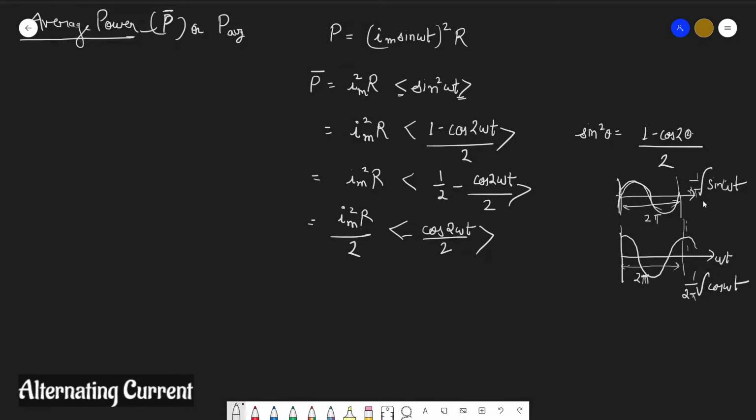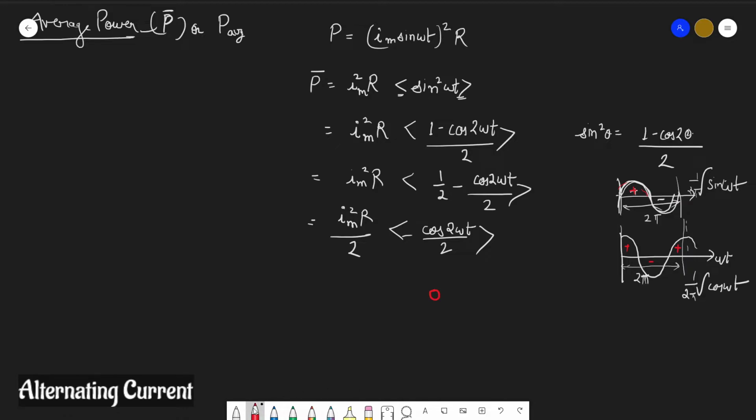If you calculate the area of this curve in a complete cycle, the positive area will be cancelled by the negative area, since the positive area is equal to the negative area, and thus ultimately the average you get is 0. So the average of this is 0, and you will only be left with half here.